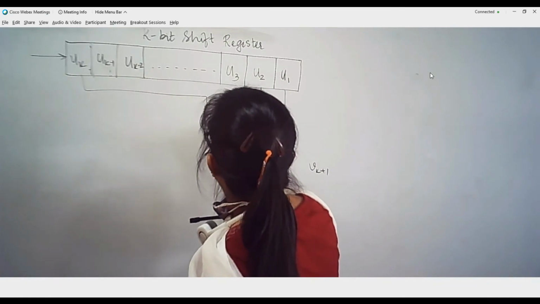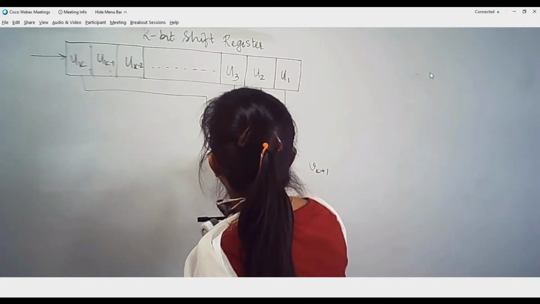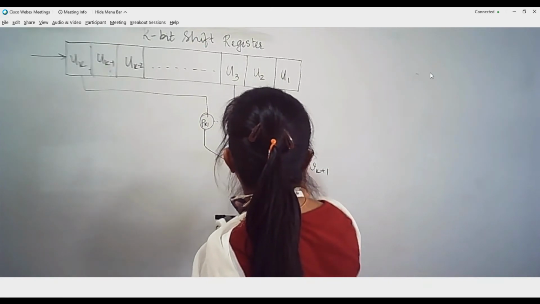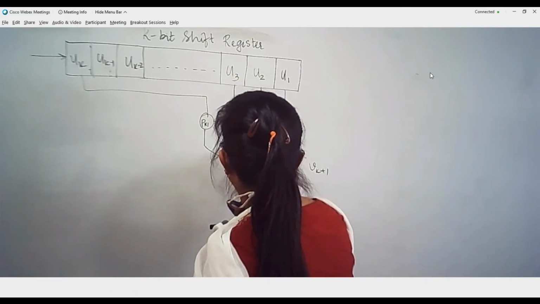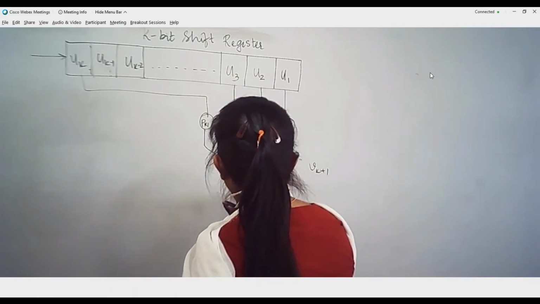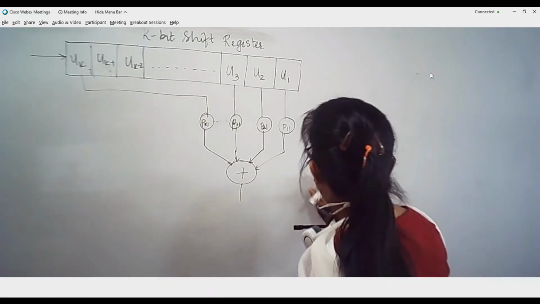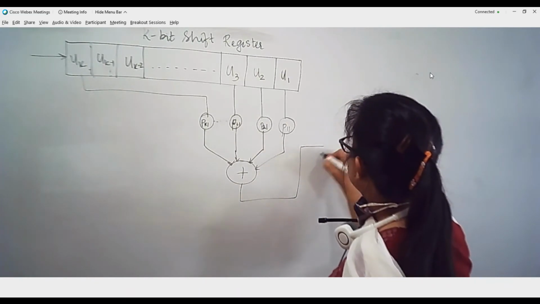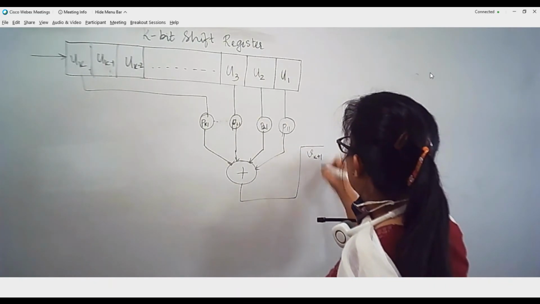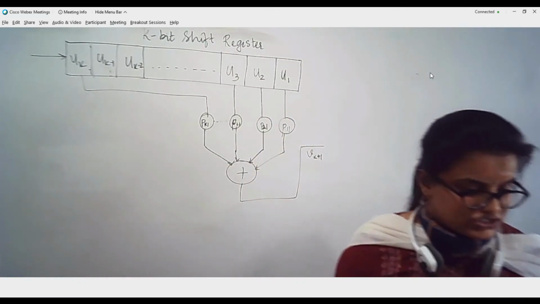The multiplied versions will get added, modulo 2 added like this, and this output is going to give me the (k+1)th bit, that is V of k+1. Like this we will have the linear combinations.